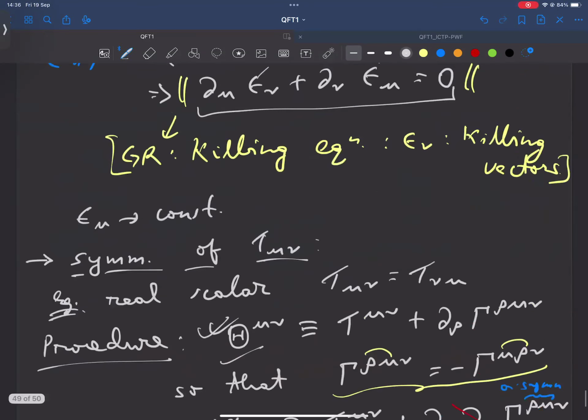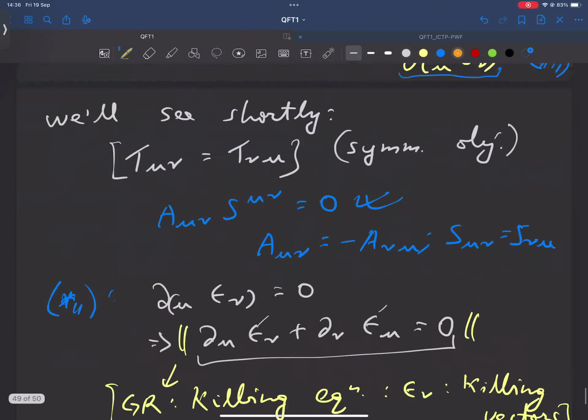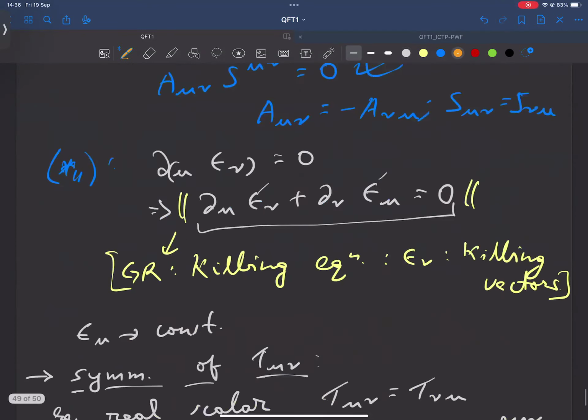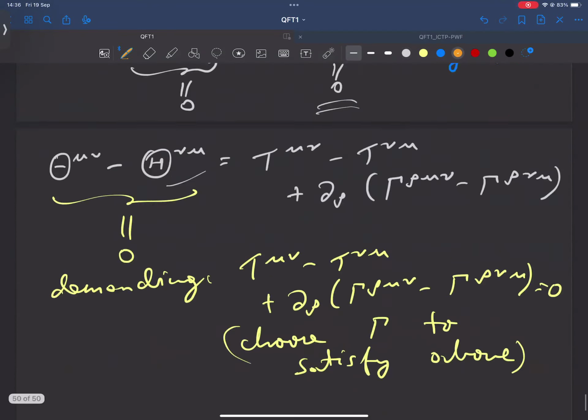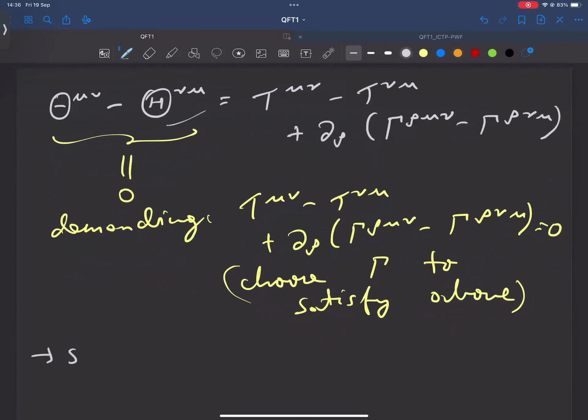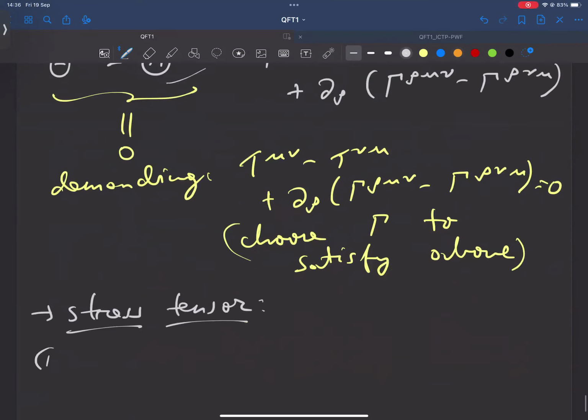Okay. And that symmetric property was needed in this argument to argue that this derivative acts on the space-time objects in a symmetric way. So that's why it was important to discuss the symmetric properties of the stress tensor. Let me again stress that the stress tensor is conserved and it is symmetric.